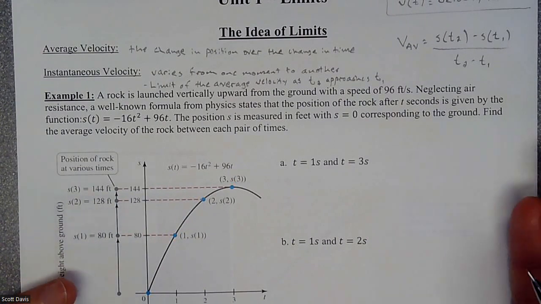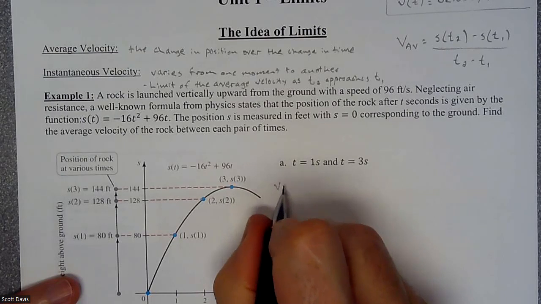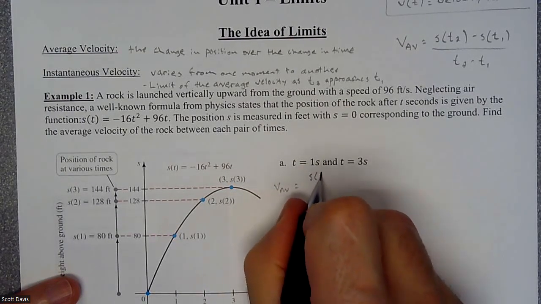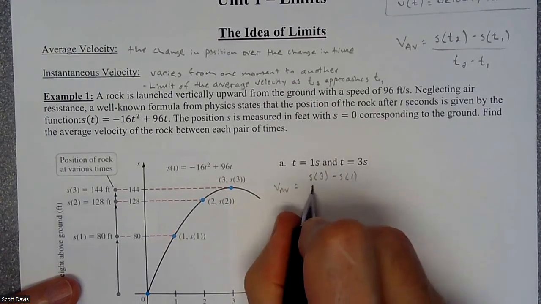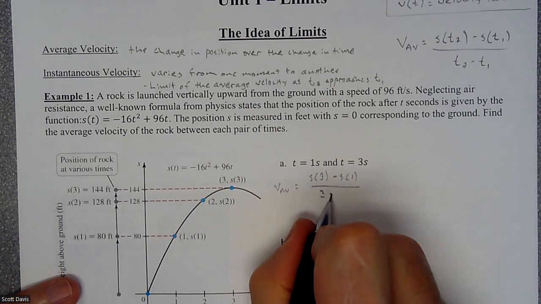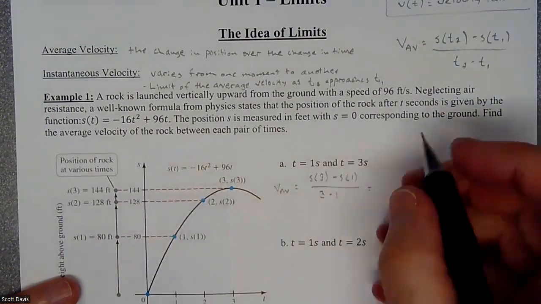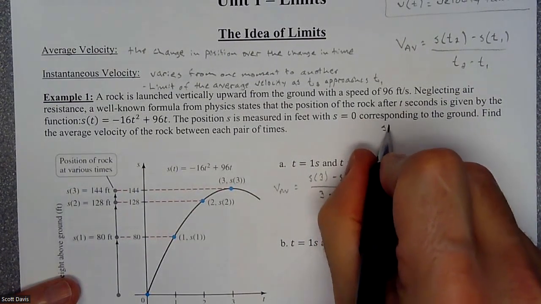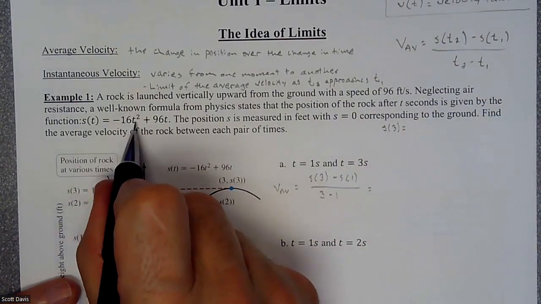Find the average velocity of the rock between each pair of times. If we want to figure out the average velocity between these two times, we are doing S of 3 minus S of 1 divided by 3 minus 1. So if we look at S of 3, we're plugging 3 into this equation.